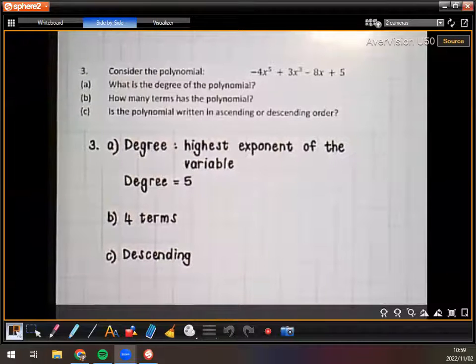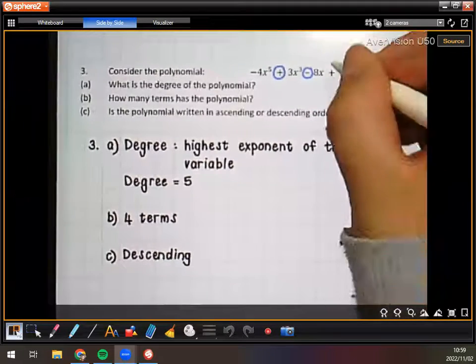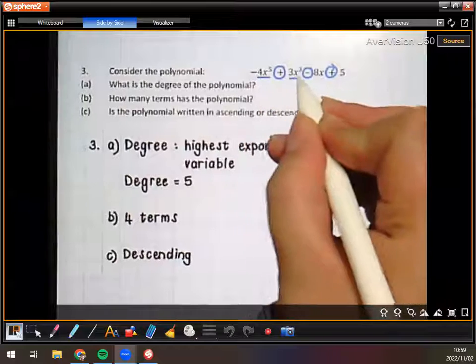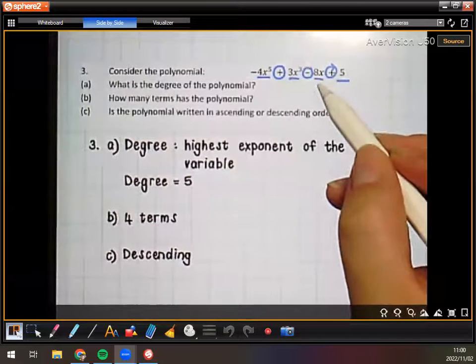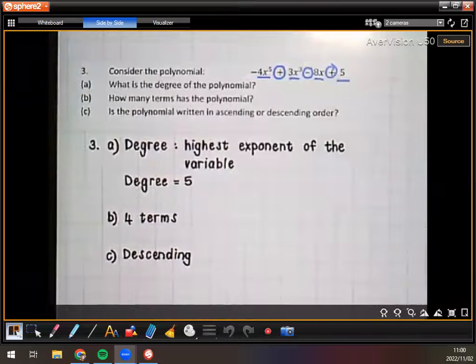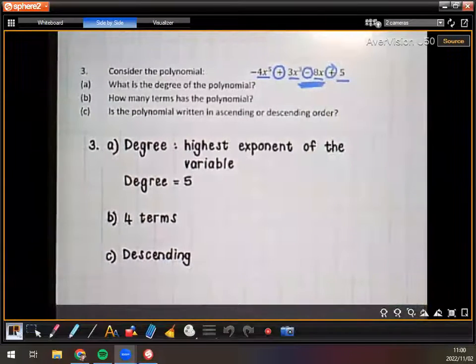Alright guys, how many terms does this polynomial have? Remember that terms are separated by pluses and minuses. So that separates terms, and that. So we have 1, 2, 3, 4 terms. And then actually guys, the sign goes with the term, right? You know what I mean? So if they ask you, they can ask you this, what is the third term in the expression? Negative 8x.